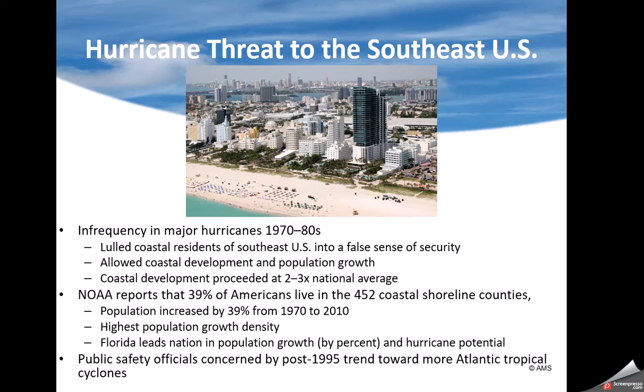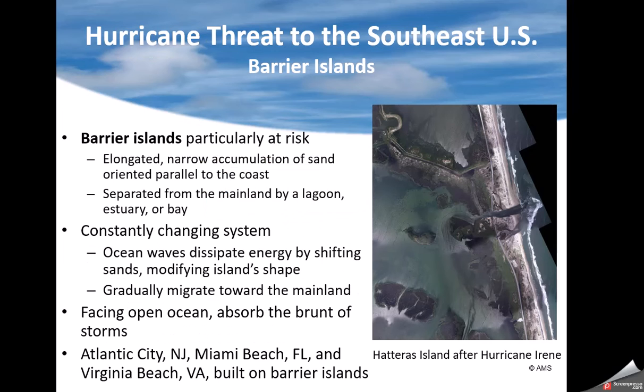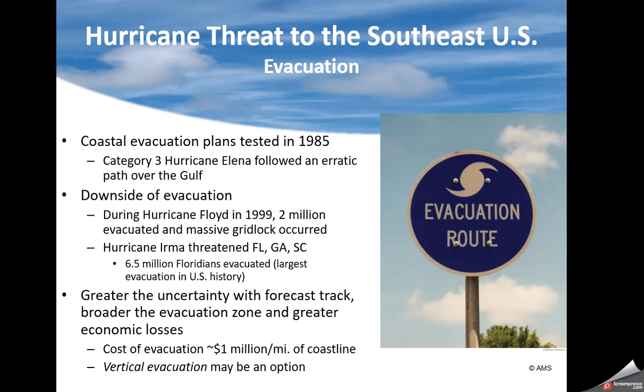Because back in the 70s and 80s, there wasn't much in the way of hurricanes. And even now, hurricanes don't cover huge areas. The areas they do cover, you see extraordinary damage. They can see where they break apart barrier islands. And we try to get people out. It's hard. Sometimes evacuations are very difficult.